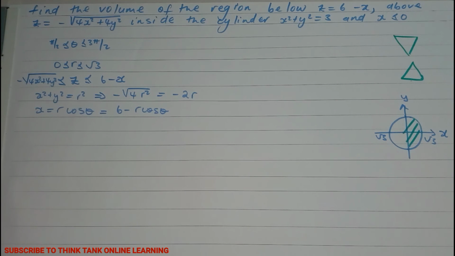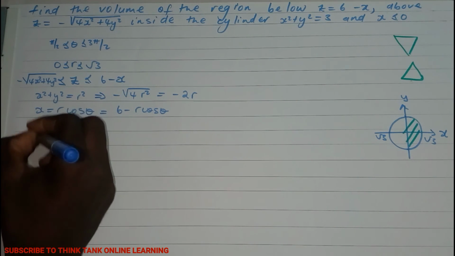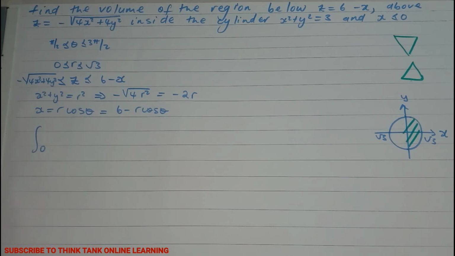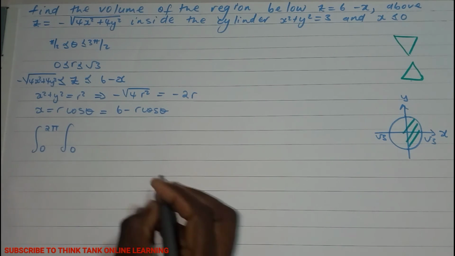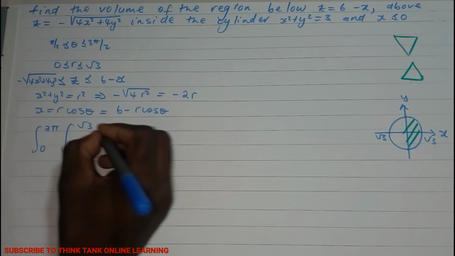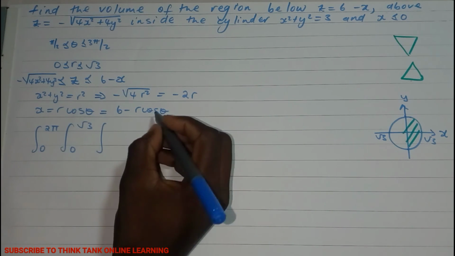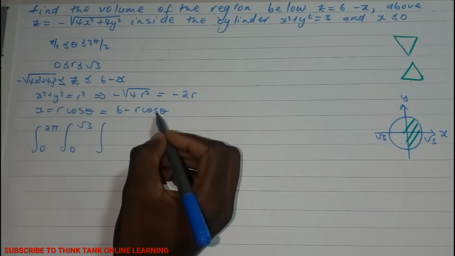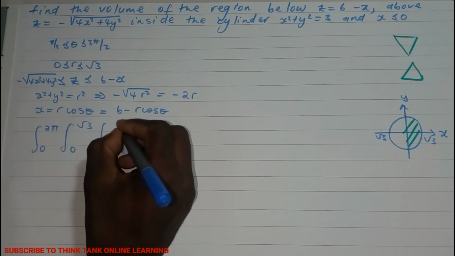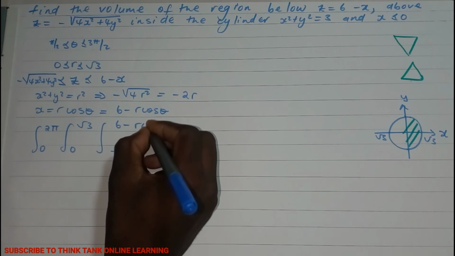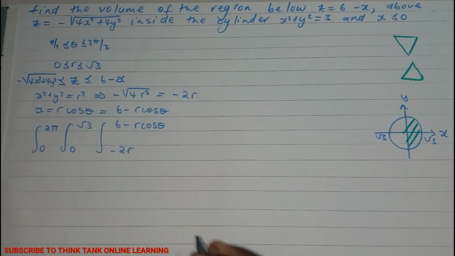Now we solve our triple integral: 0 to 2 pi for the angle, 0 to root 3 for the radius, then for the z limit, the lower bound is negative 2r and the upper bound is 6 minus r cos theta.